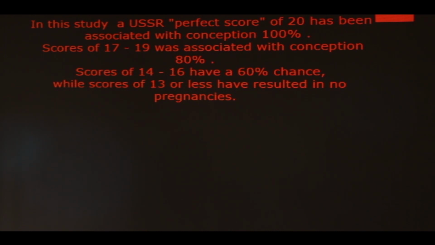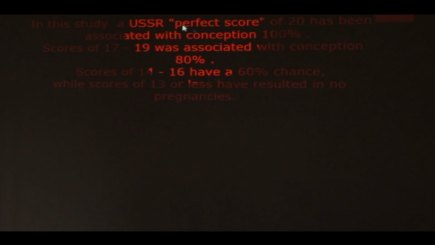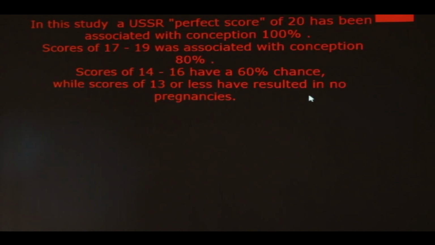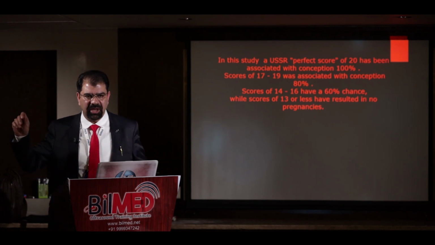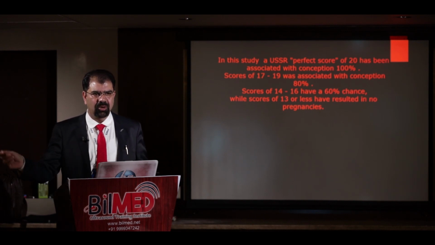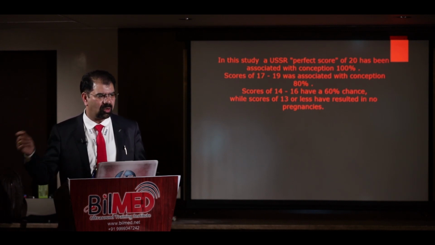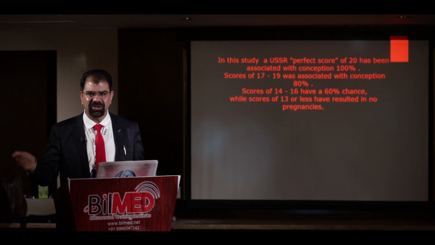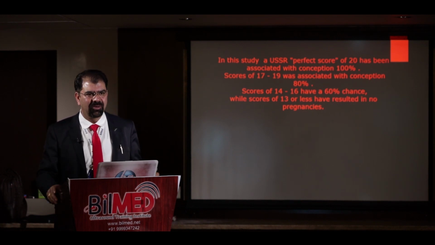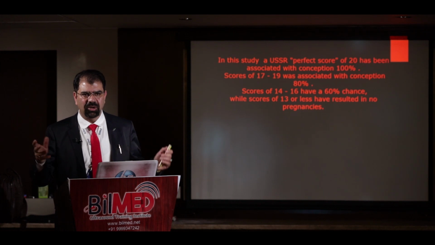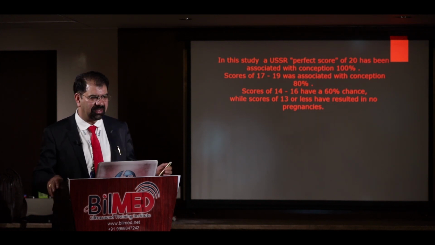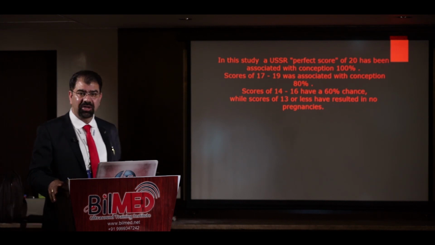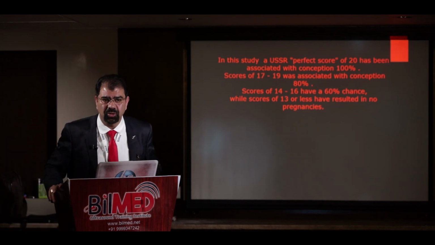So now, for example, the patient is having a score of 13 only. You will be giving her Clomid and all these things to stimulate the ovary, and the patient is not getting conceived. What are you saying? You are saying, I don't know what to do, it is God's will. It is not God's will. It is that you are not seeing to the uterus where it has to go.